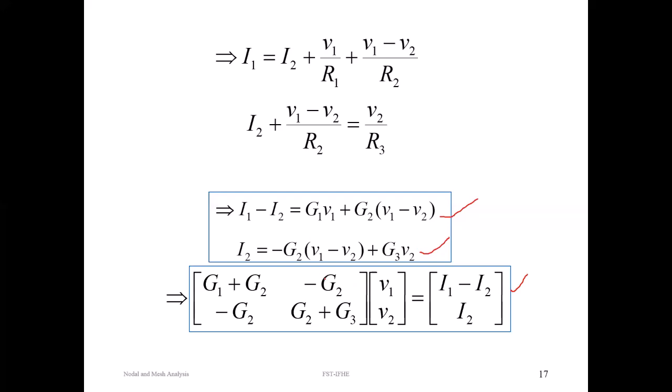A third, simpler way is to use your scientific calculator to solve these two algebraic equations and determine V1 and V2 directly. How to use a scientific calculator to solve linear equations, I am going to explain in a separate video.